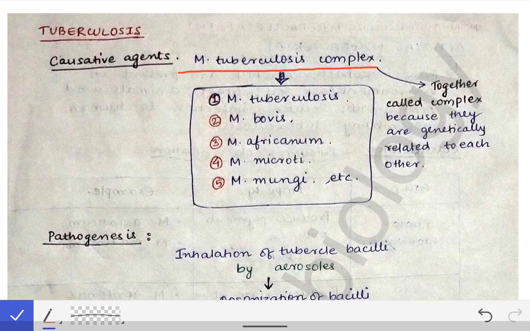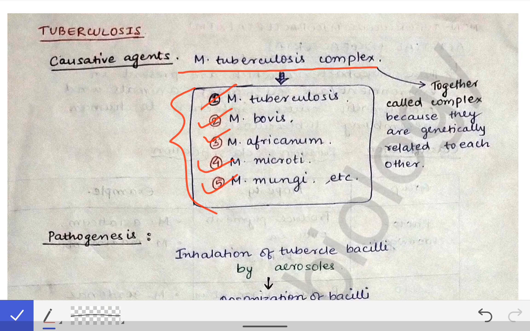After that, you have to write some examples like Mycobacterium tuberculosis, Mycobacterium bovis, Mycobacterium africanum, Mycobacterium microti, and Mycobacterium mungi. These names should be written after that.